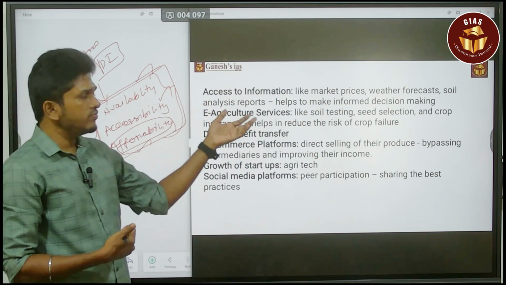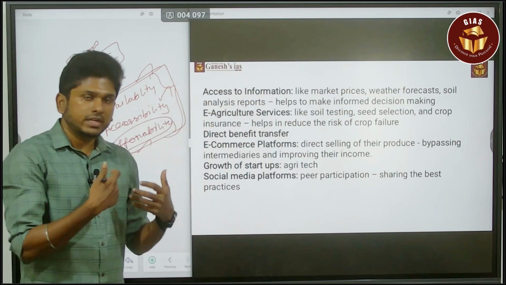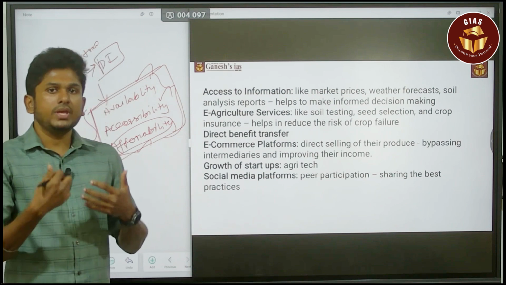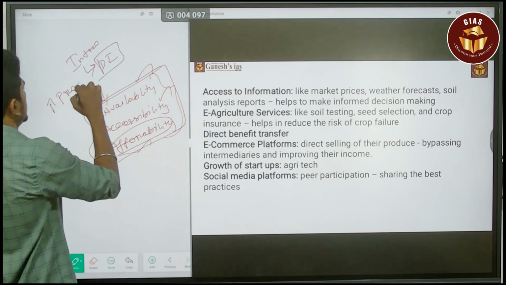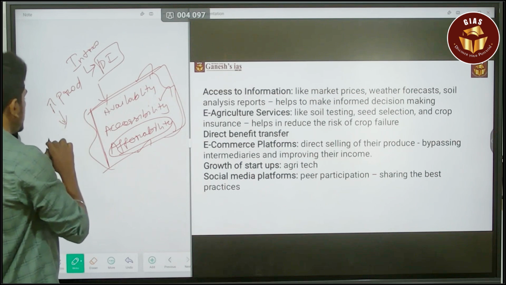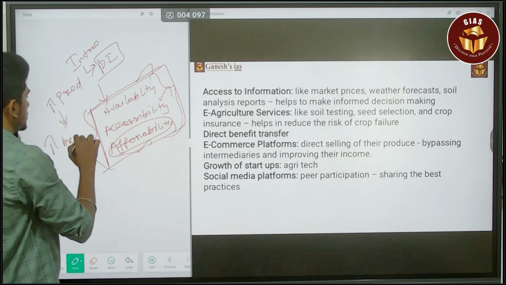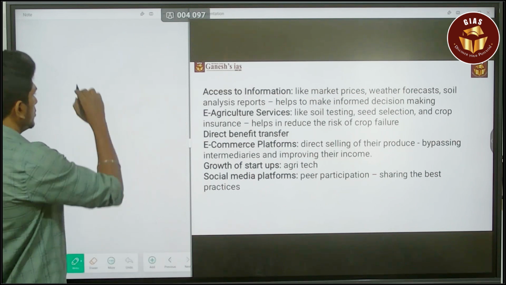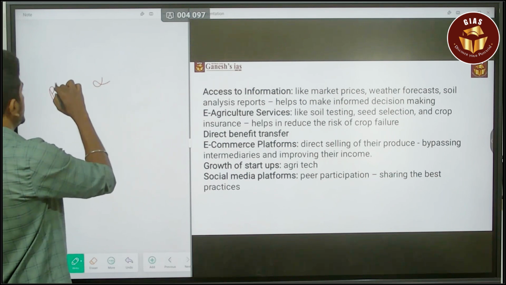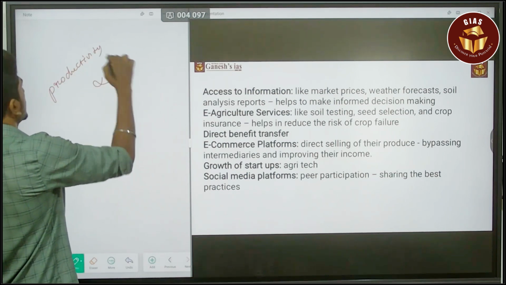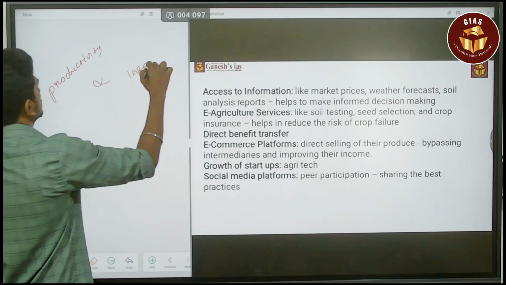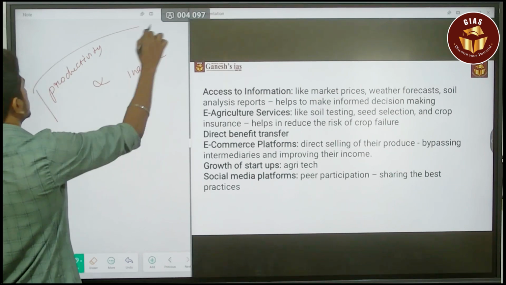So access to information, providing that service, will help me improve my productivity. If productivity is increasing, my income is also going to increase. So there is a direct relationship between productivity and income.